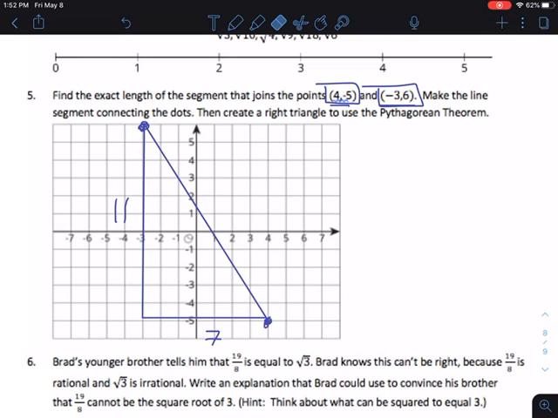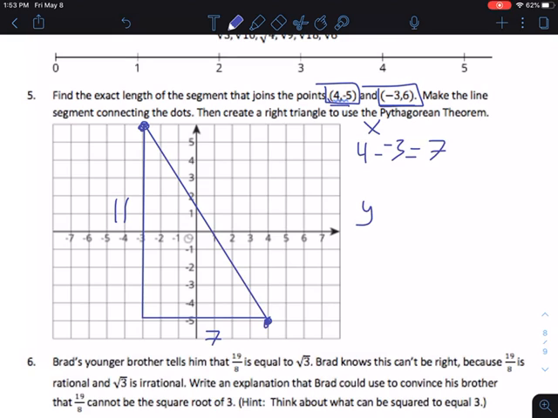If you were to do this just using the coordinates and not using the points or the coordinate plane, you could do, let's see, 4 minus -3. You're doing the x from one coordinate minus the x from the other. You'd get 7. Those are the x's.